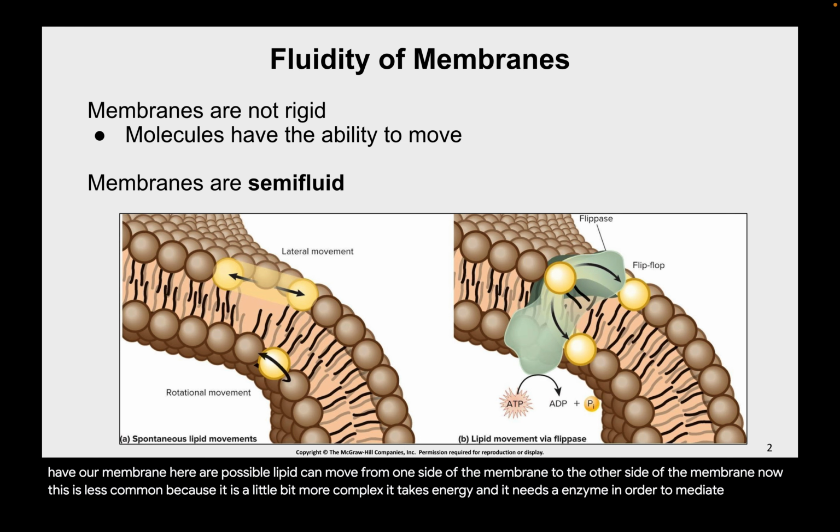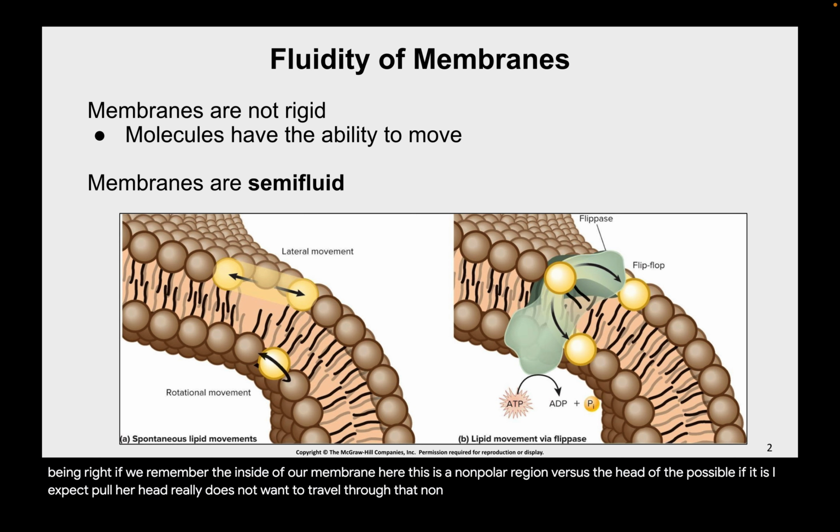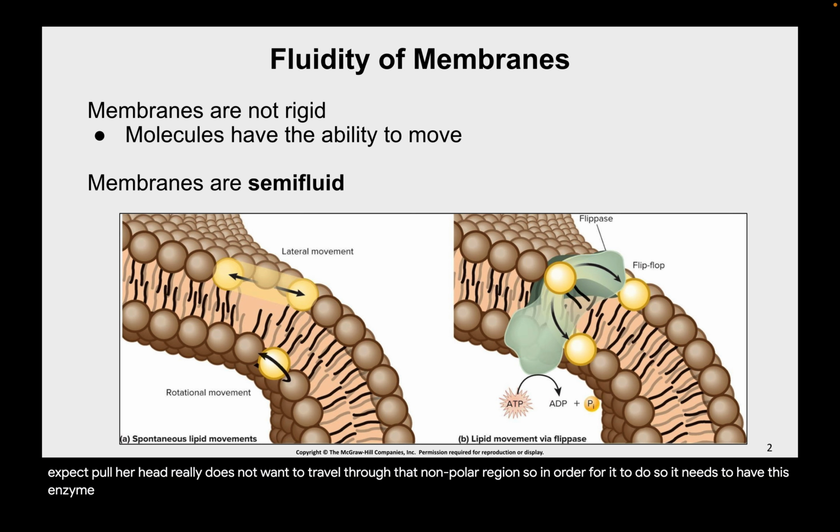The reason being, right, if we remember the inside of our membrane here, this is a nonpolar region, versus the head of the phospholipid is polar. Right? So that polar head really does not want to travel through that nonpolar region. So in order for it to do so, it needs to have this enzyme called flippase, right, aiding the flip-flop movement, as well as some energy to make it move.